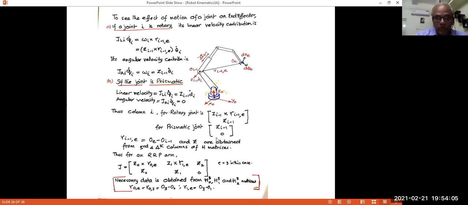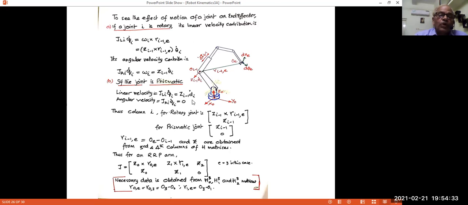Suppose it's a prismatic joint. If it is moving like this, the endpoint, being on a rigid frame, will also move along like this. So it will be the same as this velocity, which is d_i dot, where d is the change in displacement and d dot is the velocity, in the z_(i-1) vector direction.